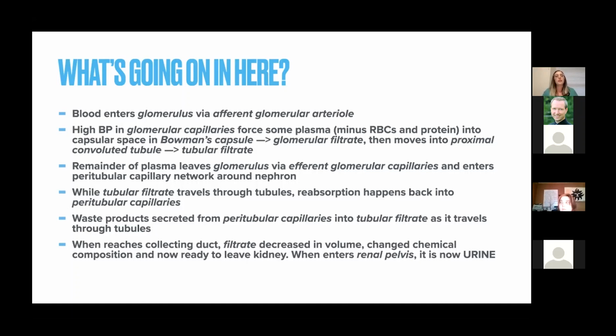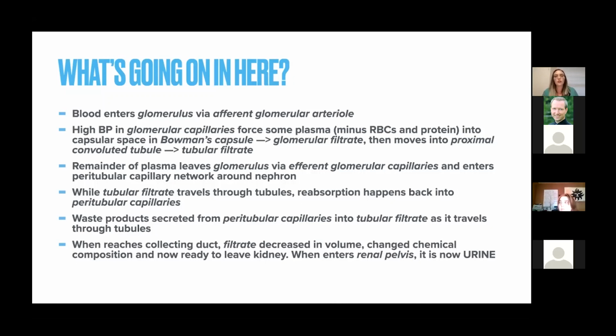Then it moves into the proximal convoluted tubule, our PCT, and then it becomes tubular filtrate, okay? Whatever is left that couldn't get filtered out, the remainder of the plasma, is going to leave the glomerulus via the efferent glomerular capillary and enter the peritubular capillary network around the nephron.